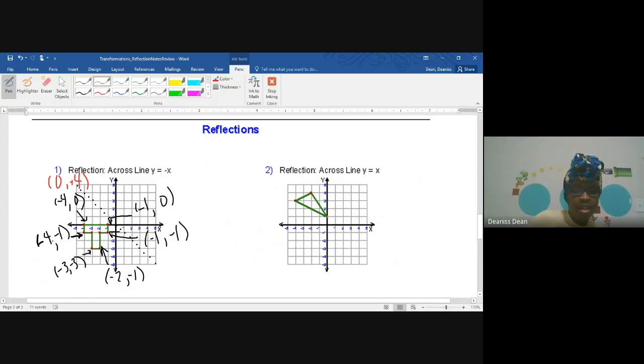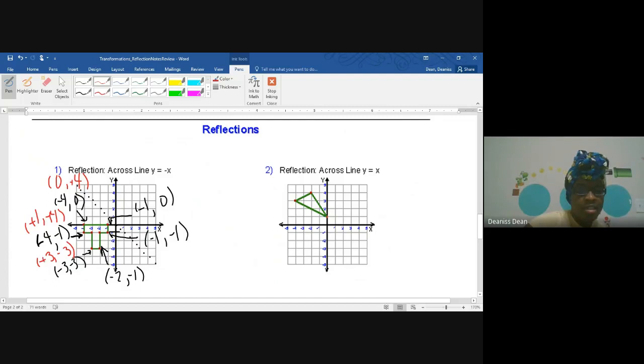Same thing here, -1, -4. Flip them. So this becomes -4, -1. But then I change the sign of them so they both become positive. This one was -3, -3. So when I flip them, it is still -3, -3.